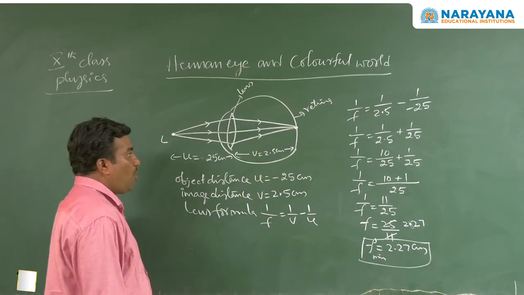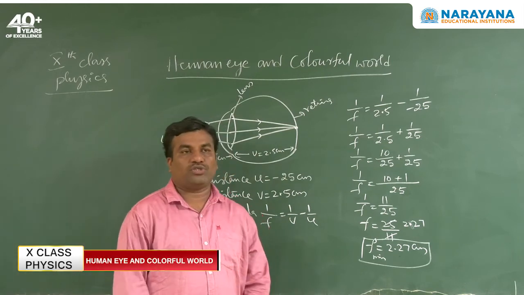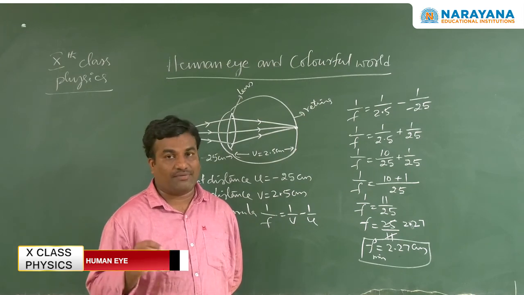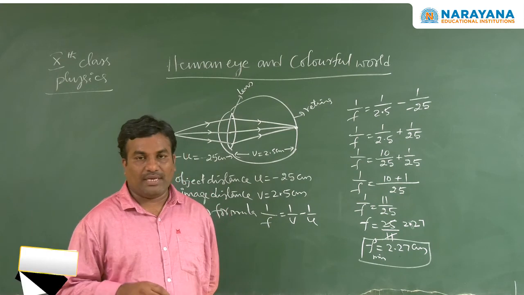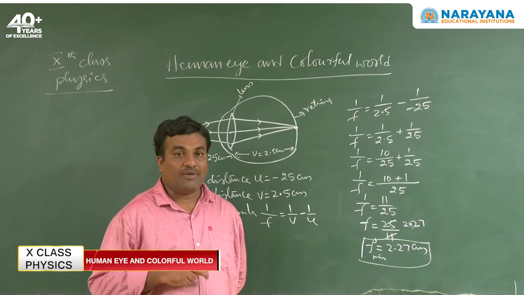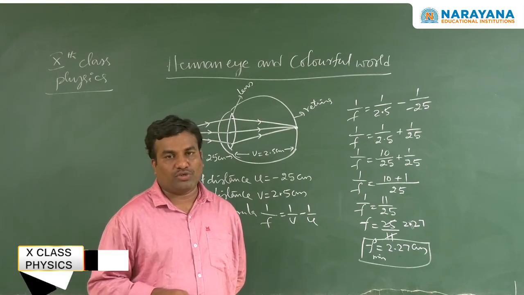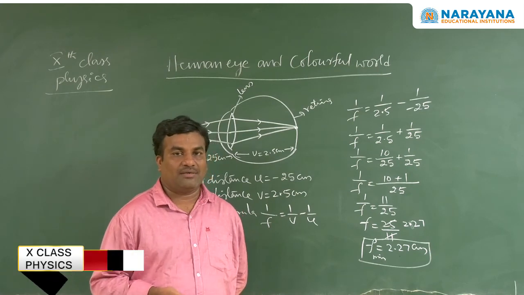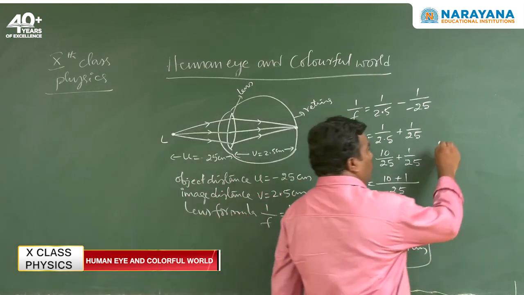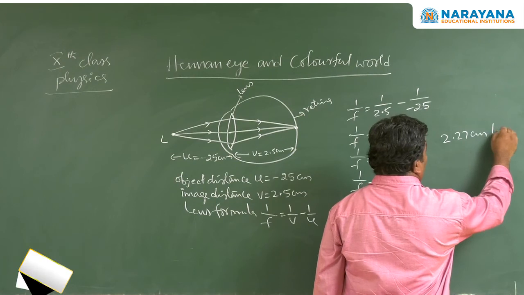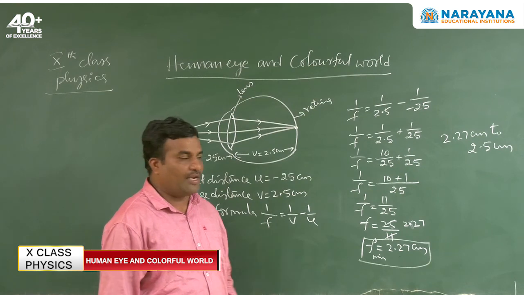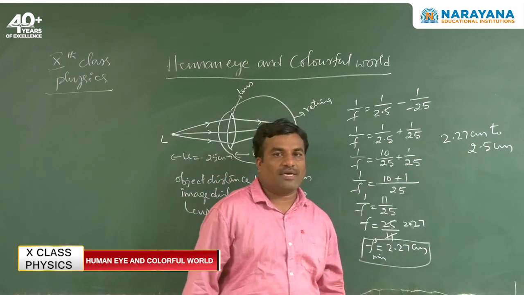Here we can see, if the position of the object is between infinity and the least distance of distinct vision, that is 25 centimeter, in between you can see any object, because the focal length can be adjusted by the ciliary muscles, between 2.27 centimeter and 2.5 centimeter.